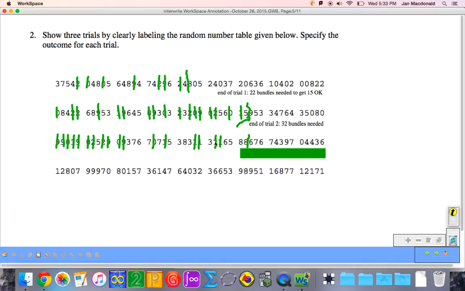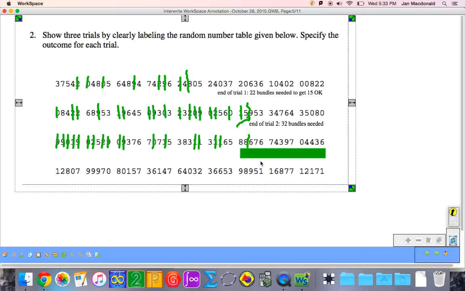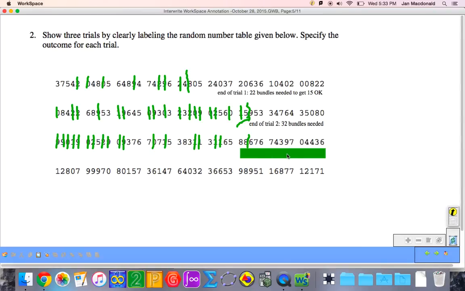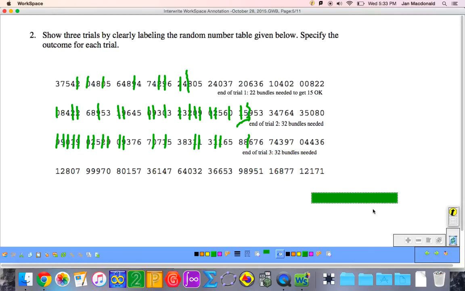Now we have 15 bundles of beautiful roses. And again, how many trials did it take us to get those 15 bundles? Again, 32 trials. We ended up at the same exact point as we did the first time. So here are our 3 trials.